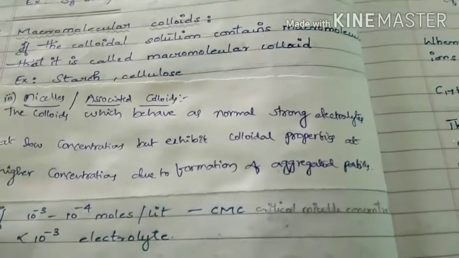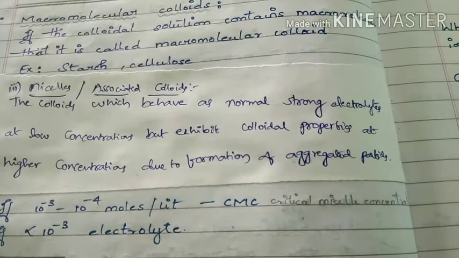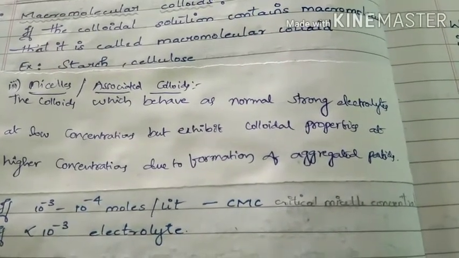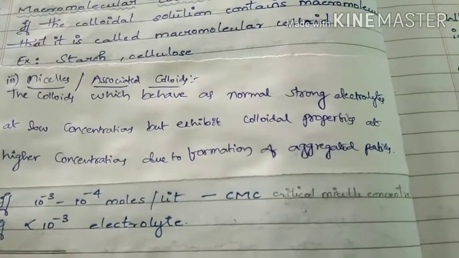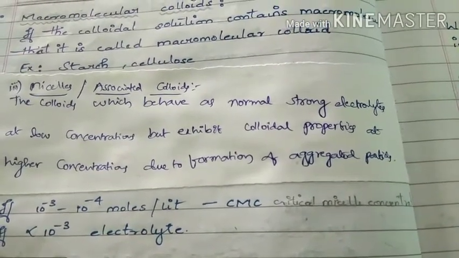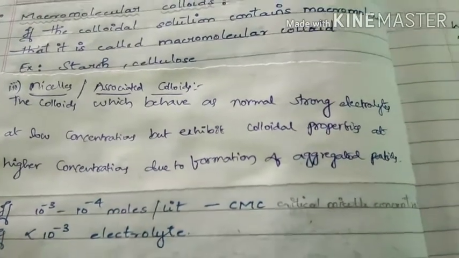Next one, this is the important thing. Third one, that is micelles. This is also called associated colloids. Here the definition is somewhat different. It is not an easy definition as in the previous two cases. Listen carefully.